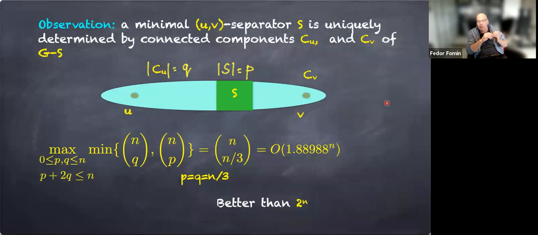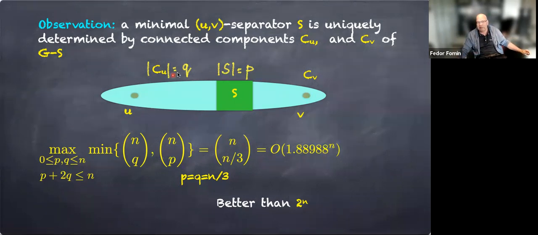Let me fix the size p of the minimal separator S. I will fix the size of the component, Q. And let me assume that the component which contains U, Cu, is not bigger than the component which contains the vertex V, the component Cv. Everything is symmetric, so at least one of them should be at most the size of the other.